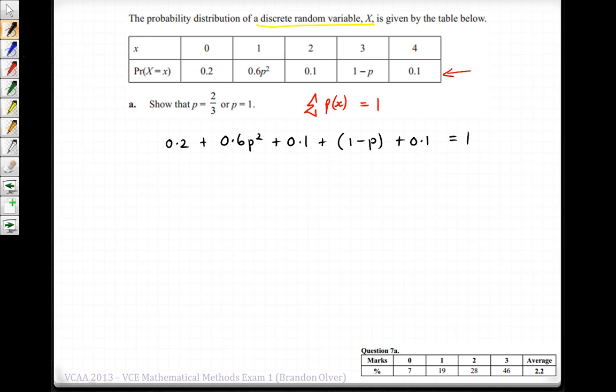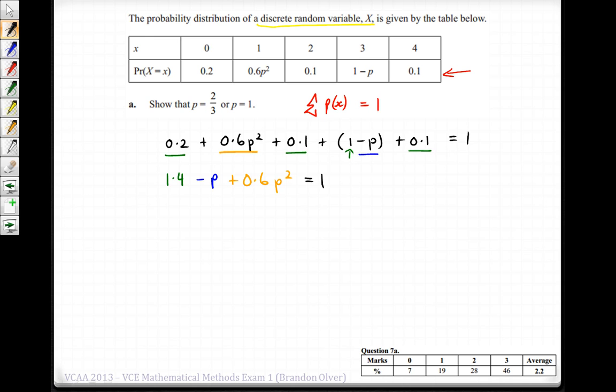So if I combine all my decimals here and this one as well, I get that that is 1.4, and then I have minus p, given by this term here, minus p, and then I have plus 0.6 p squared equals 1. So that's the equation there that I need to solve, which is a quadratic.